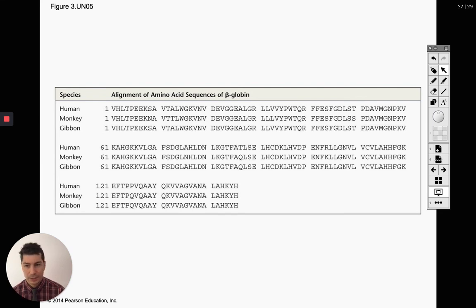So in other words, if we're looking here, it's just showing you guys how many differences there are between humans, monkeys, and gibbons, which if you look here, the sequences they're doing, they find like the same amount of differences, which is pretty crazy. But if we had like one difference between us and a monkey and then 5 differences between us and a frog, we would be in closer relation to the monkey compared to the frog.